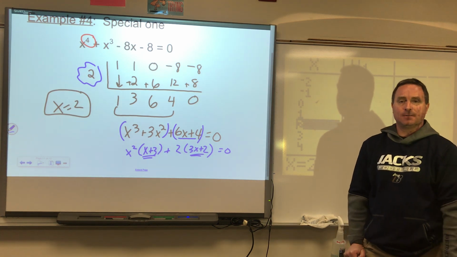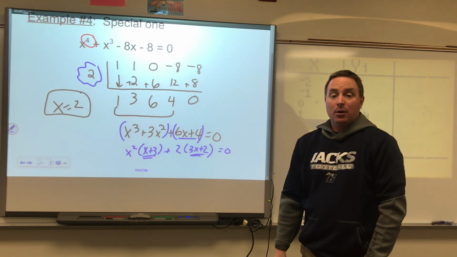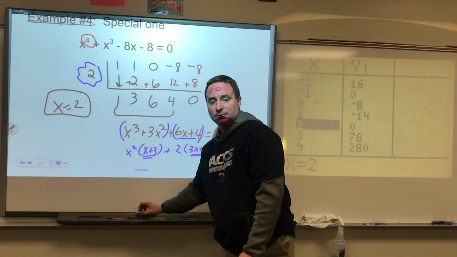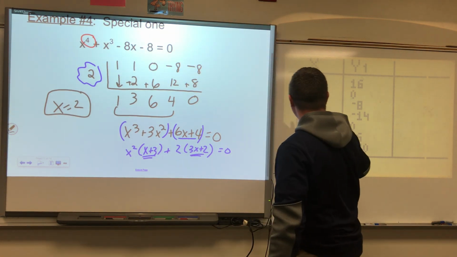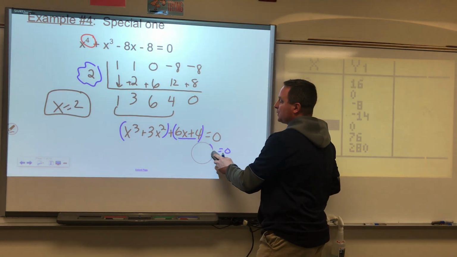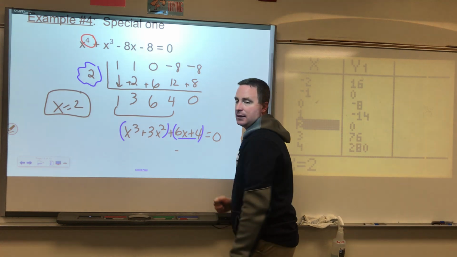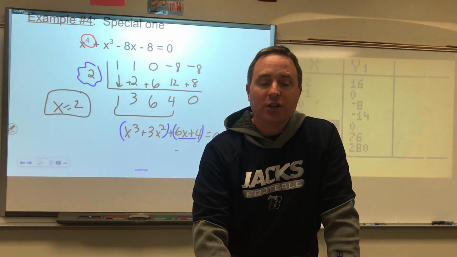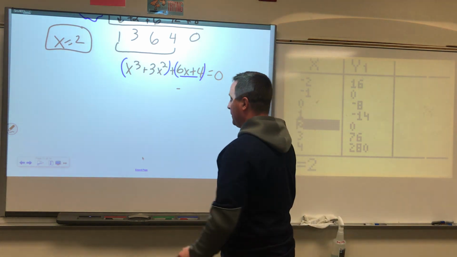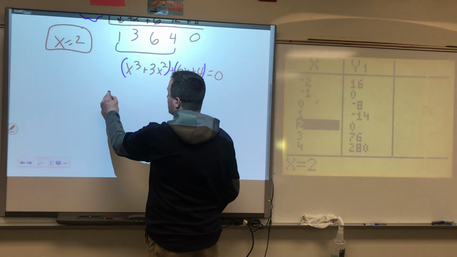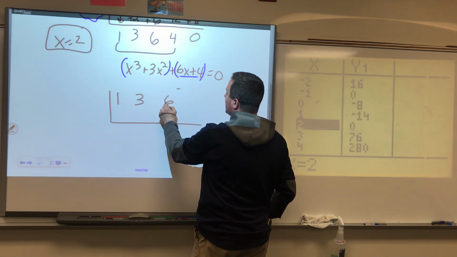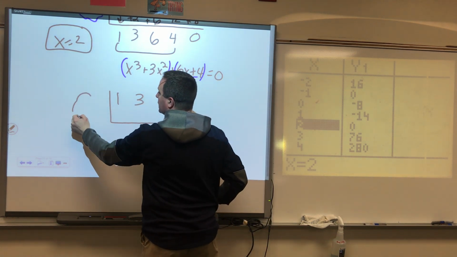So now what? Well, now what we do is we have to go back, and we have to graph this one, and do the synthetic thing again, a second time, I should say. So I'm going to do synthetic division with this. It's going to be 1, 3, 6, and 4.